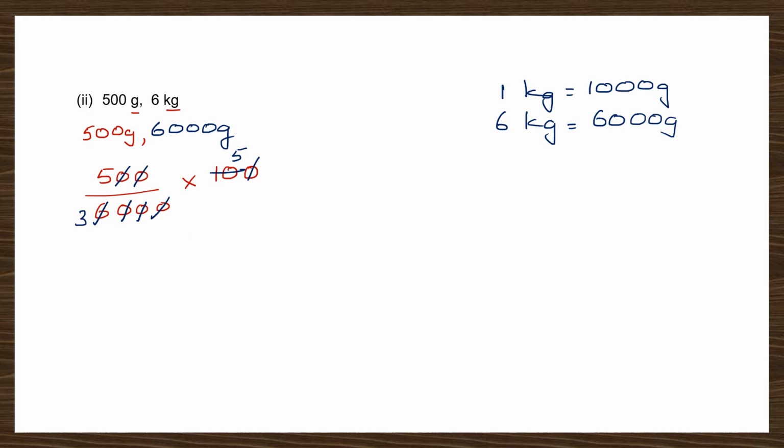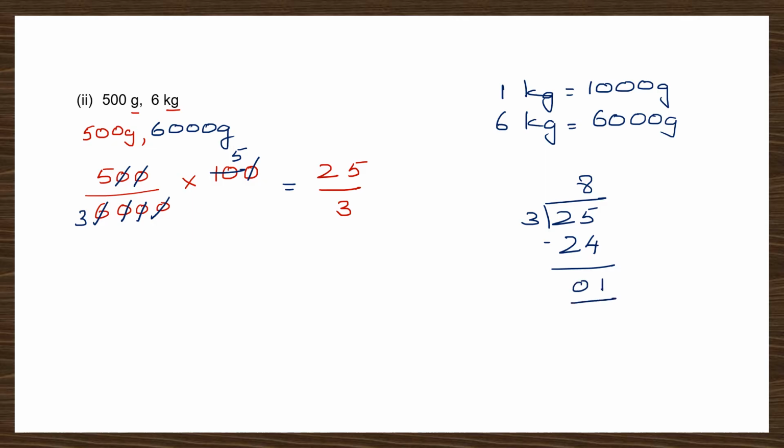So 5 5s are 25 is my numerator and my denominator is 3. 25 by 3 is an improper fraction. Let's convert it to a mixed number. 25 by 3. 3 8s are 24, 25 minus 24 is 1.